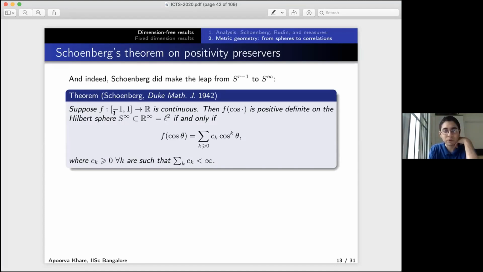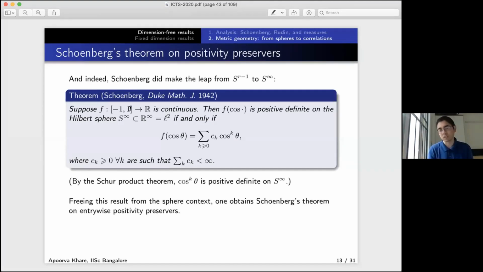But cosine, remember, when theta goes between 0 and pi, is one-to-one and onto. It's a bijection to this interval. And so when you write down x instead of cos theta, you really see that this is exactly Schoenberg's theorem that we started with. The only preservers of positivity are precisely power series with positive coefficients. So that's how Schoenberg got to this theorem.